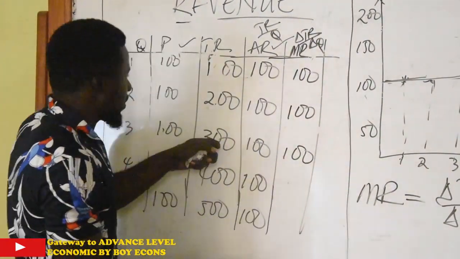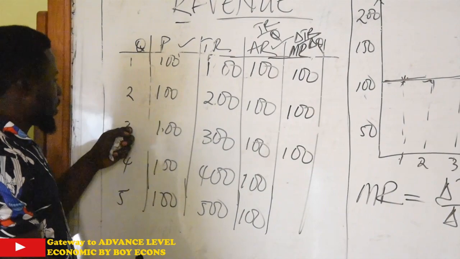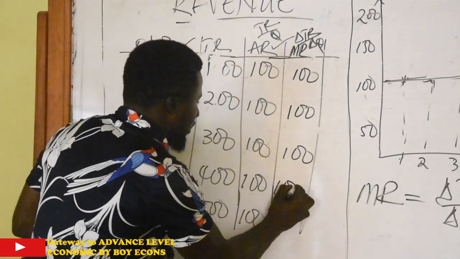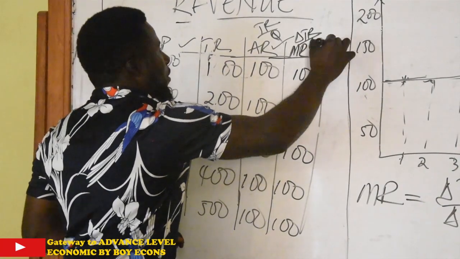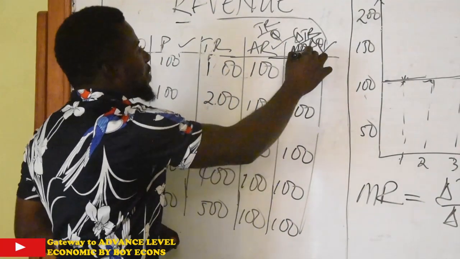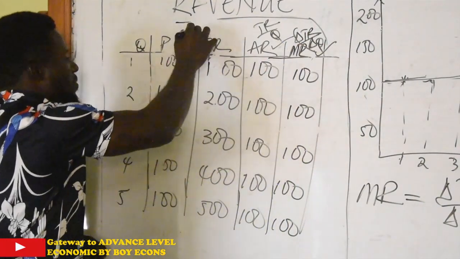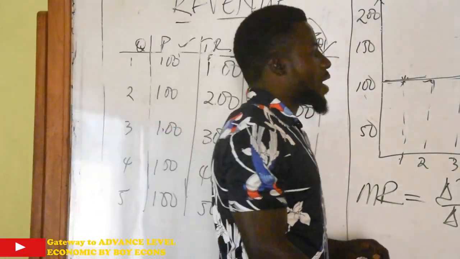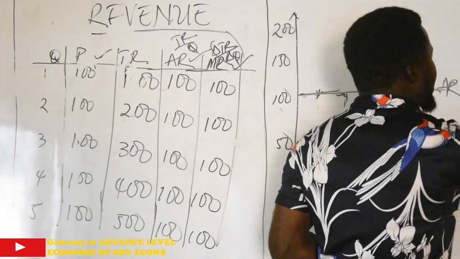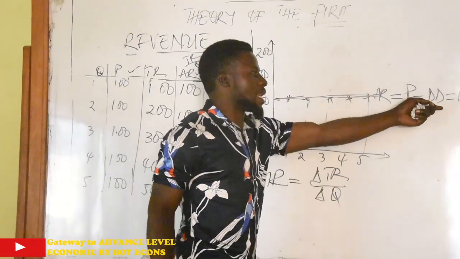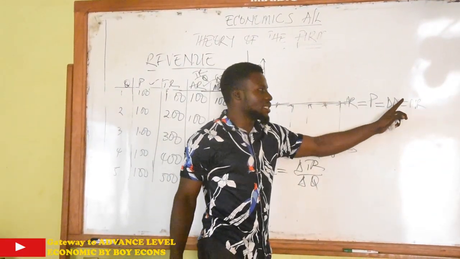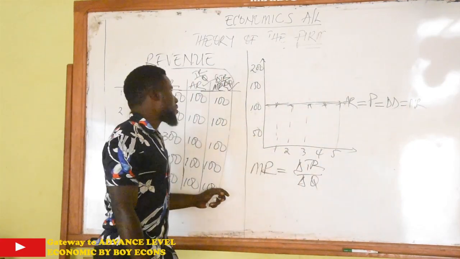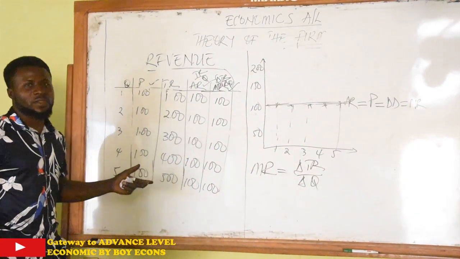So we do the same. 300 minus this, 100 divided by this, 1. So you see that marginal revenue is the same as average revenue, the same as price. So that is the reason why under a perfect competitive market structure, you will see this analysis. They will tell you that AR is equal to P equal to D equal to MR. It is because of this analysis we have done here.